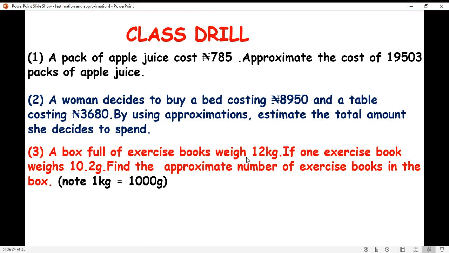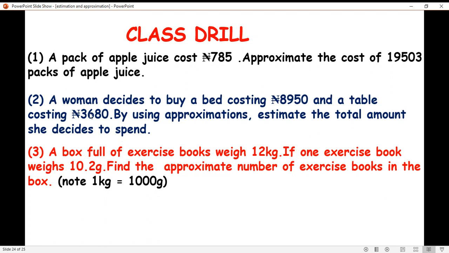So that is question number one. In question number two, a woman decides to buy a bed costing 8,050 naira and a table costing 3,680 naira. By using approximations, estimate the total amount she decides to spend.